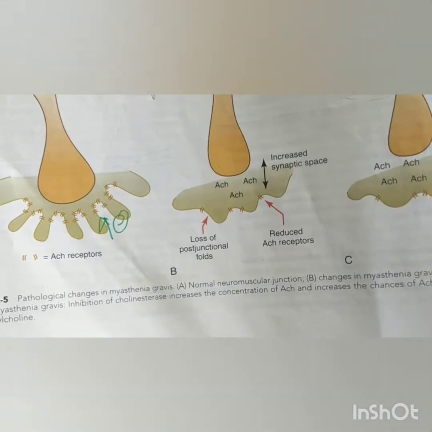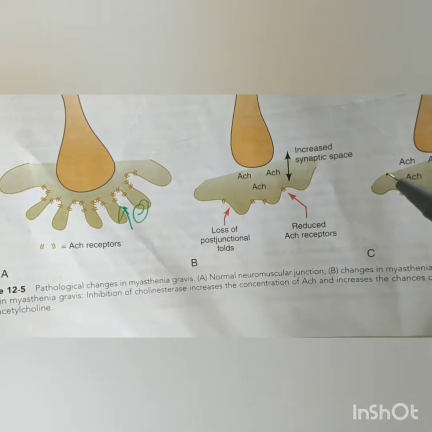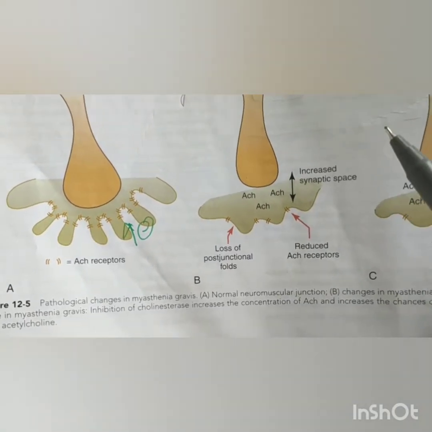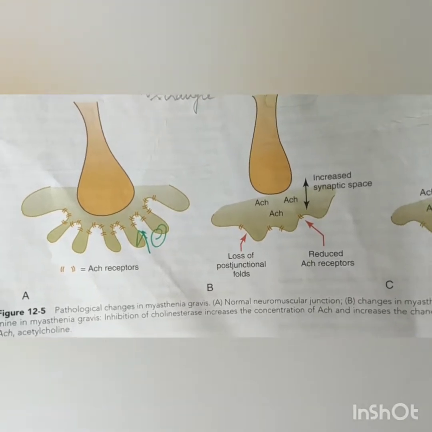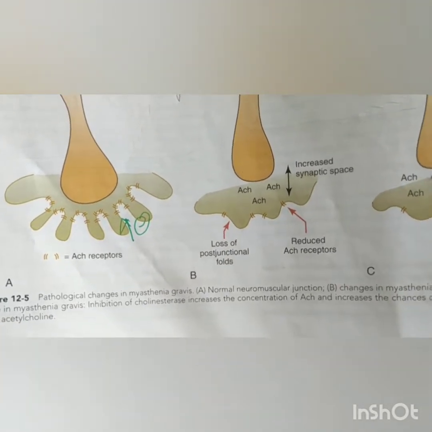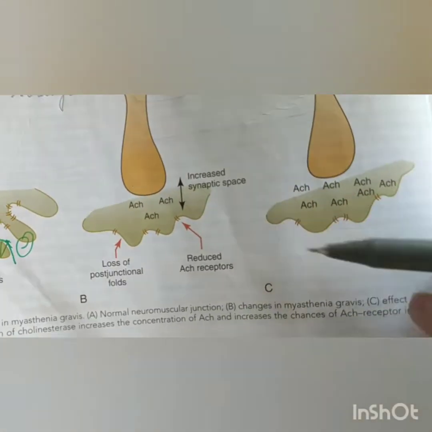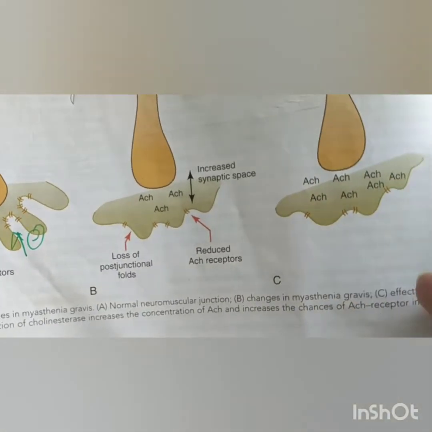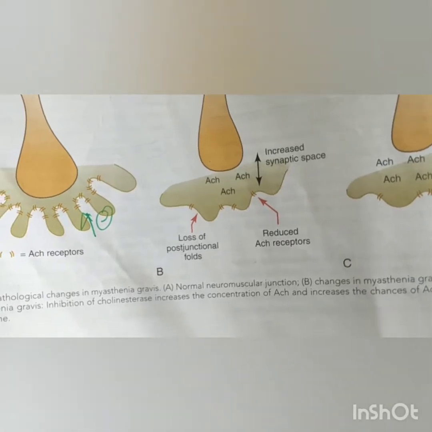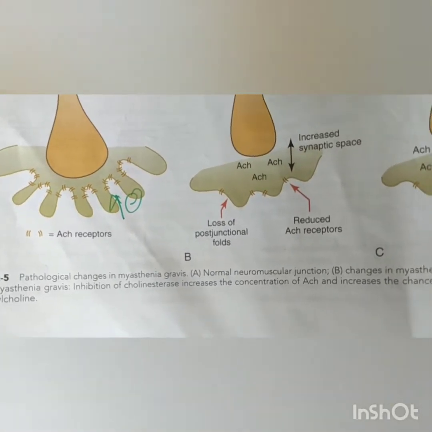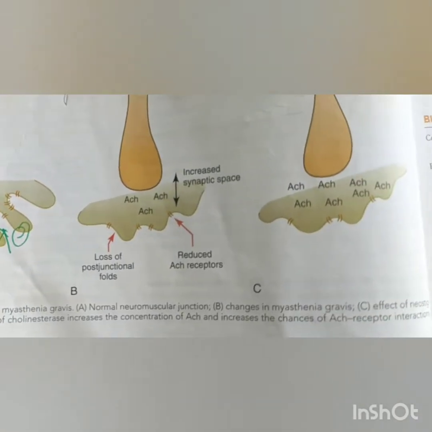We inhibit acetylcholinesterase. When acetylcholinesterase is inhibited, less acetylcholine is broken down, so more acetylcholine accumulates in the synaptic space, and the normal amount of acetylcholine is available. Within a few minutes, the muscle begins to function almost normally.